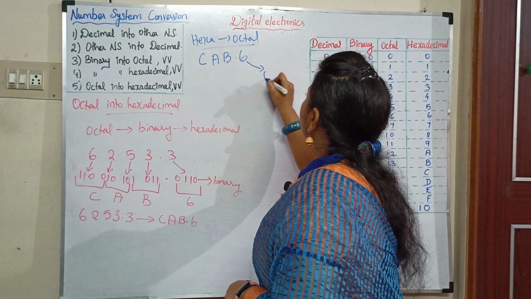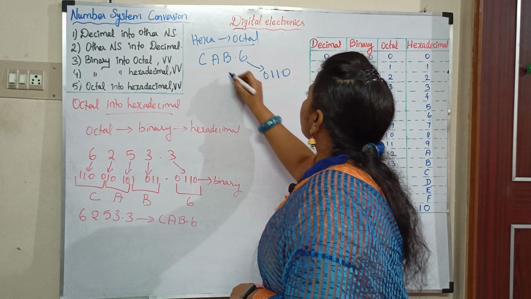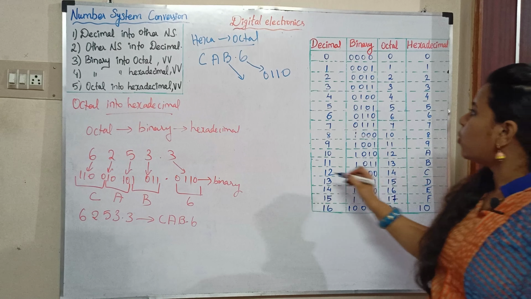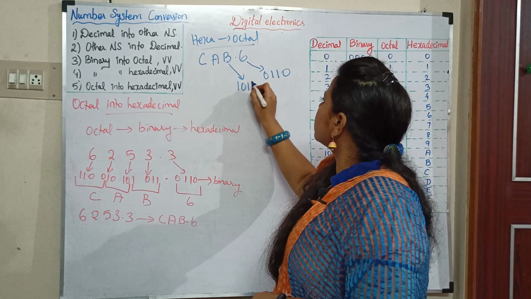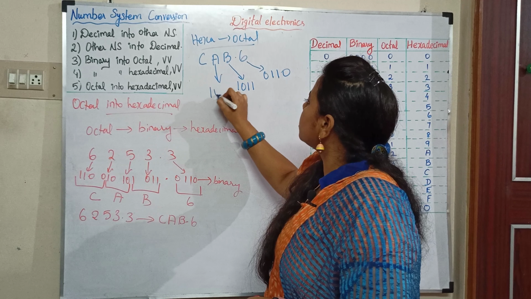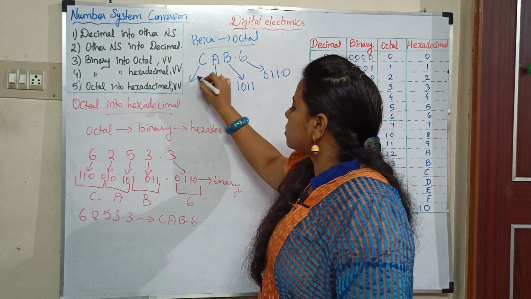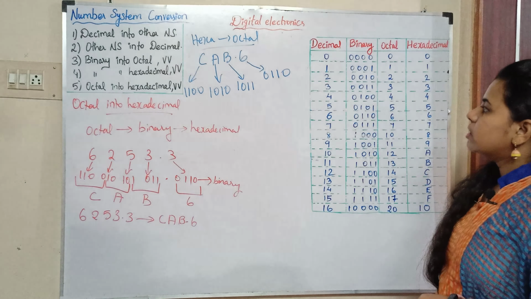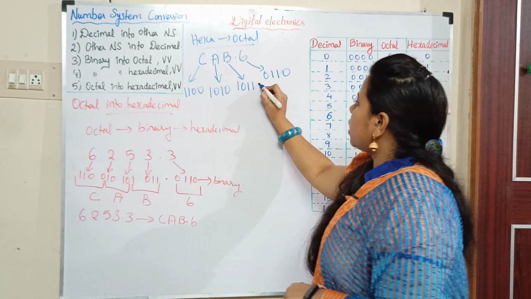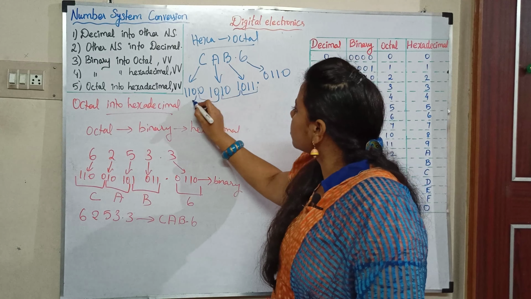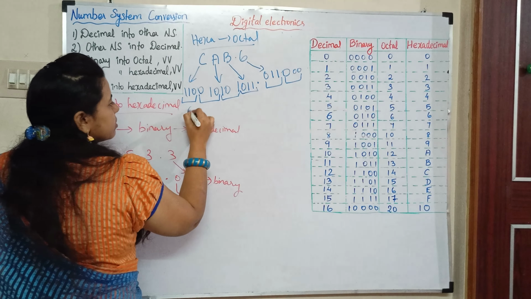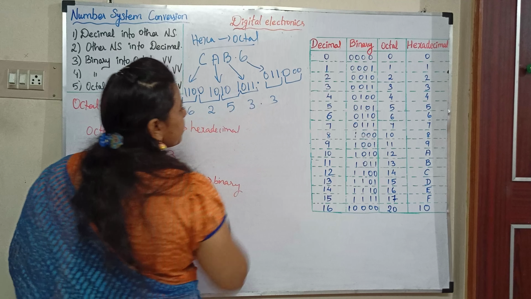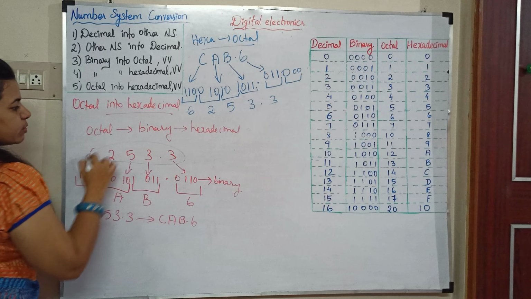Okay, so 0110, and for B 1011, and for A 1010, and for C 1100. Now you have to do the grouping. Here you have a point. So what is the value? 6253.3. Okay, you got the same value.